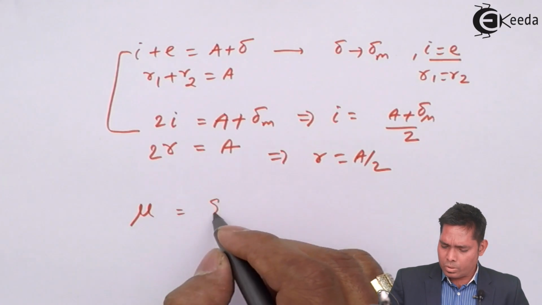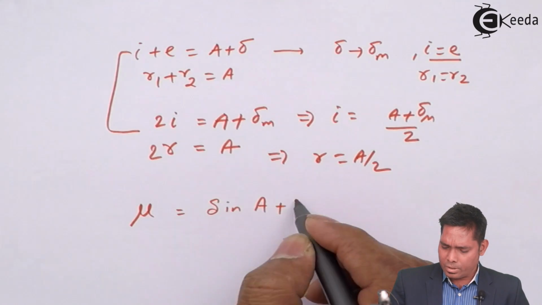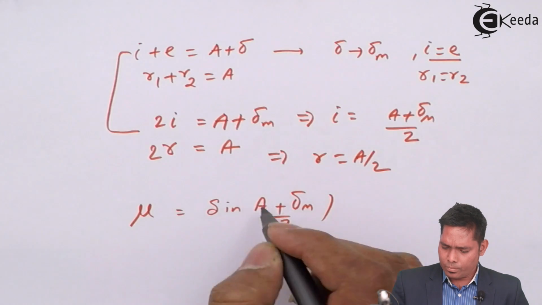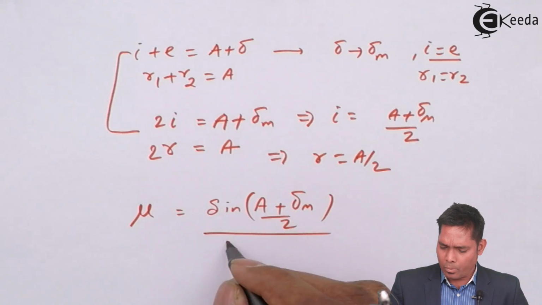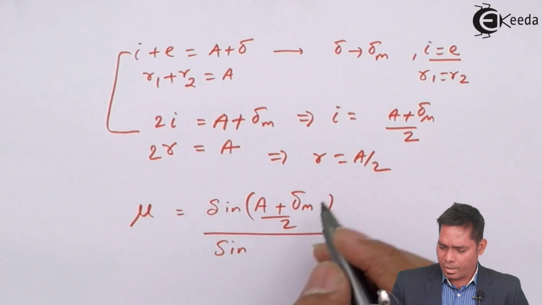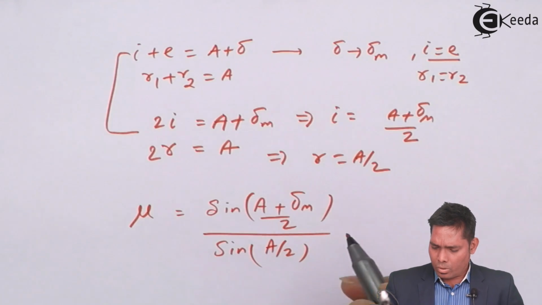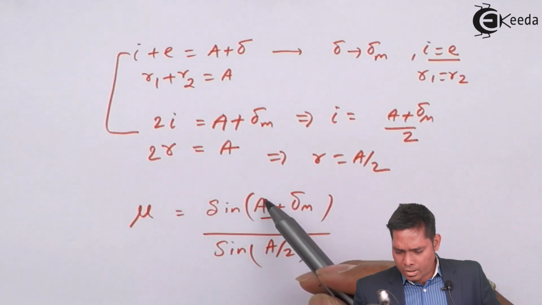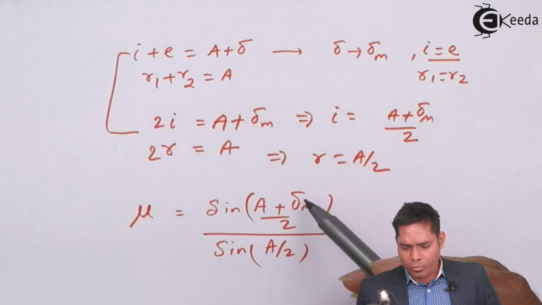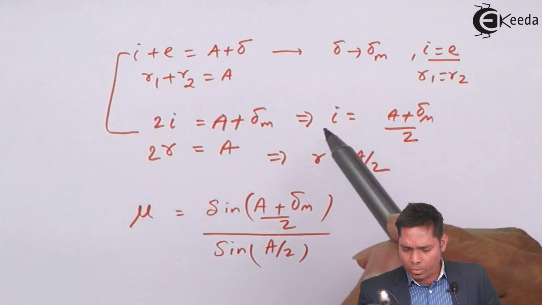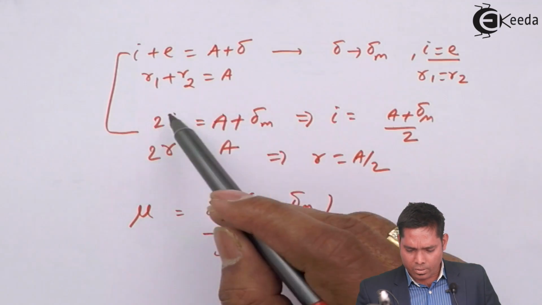Mu equals sine of (A plus delta m) over 2 divided by sine of A over 2, that is sine i over sine r, where r is A by 2. Now A is 60 and delta m we have to find.